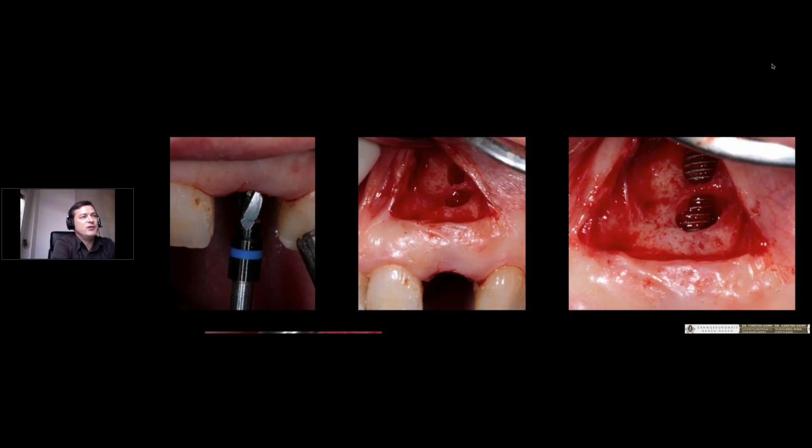It's a very easy case because we have a 3-side socket, and a 3-side socket is very easy for the human body, getting enough bone from all sides and enough blood cells from all sides, so it's no problem to cover it and get a very good long-term situation. But you see the X-ray before, you see how big the bone was after 3 years of implantation. It's the same case.